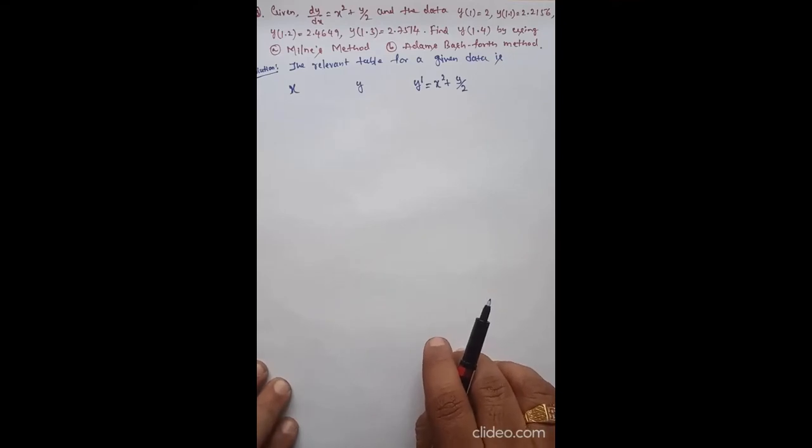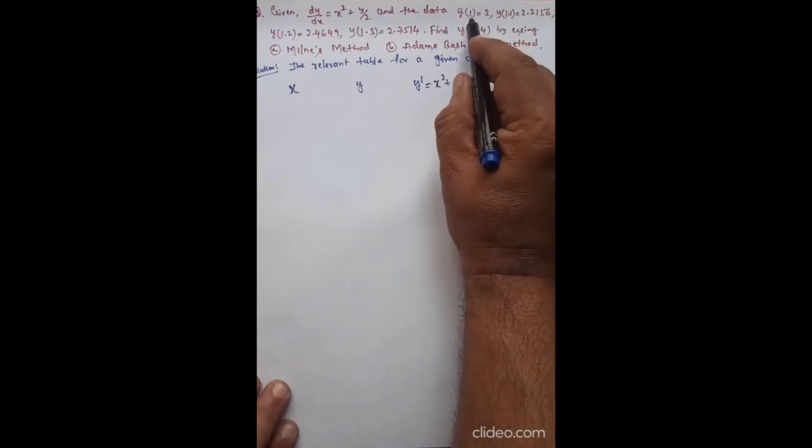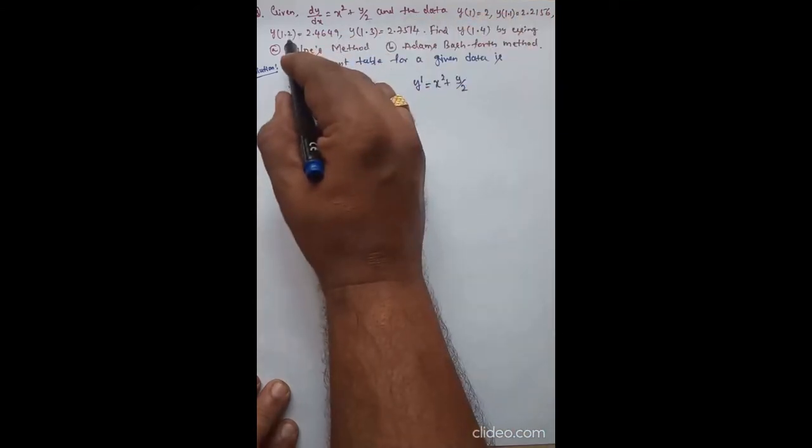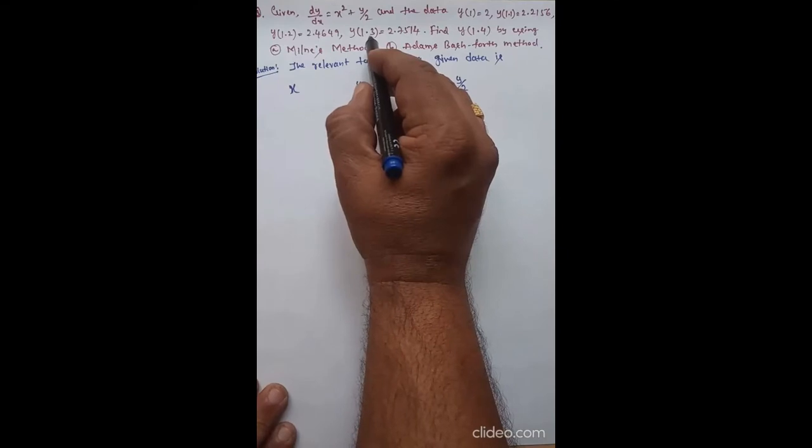Enter the values. So what are the x values? You know, the x values are 1, 1.1, 1.2, 1.3, right?